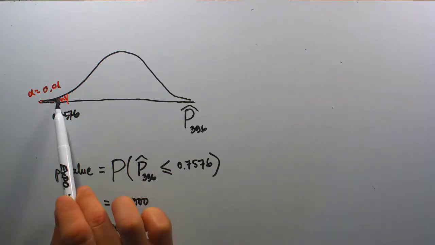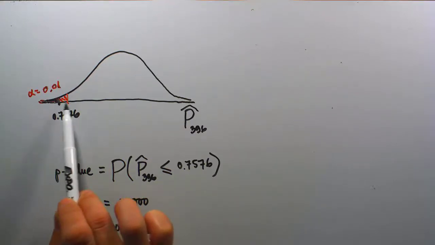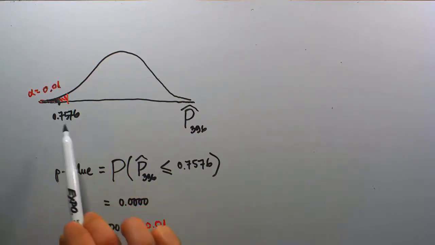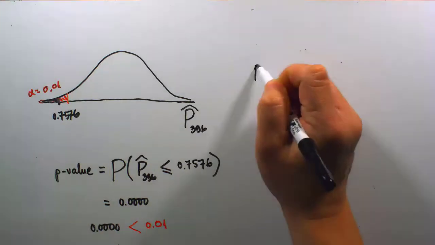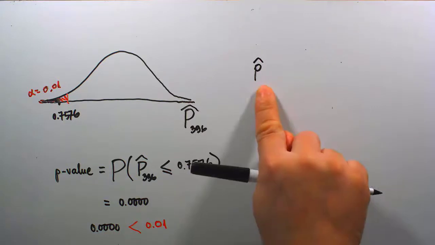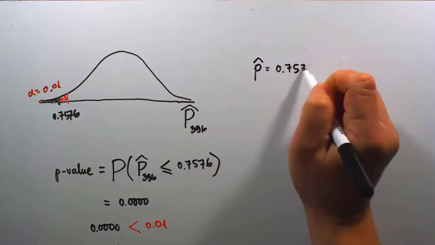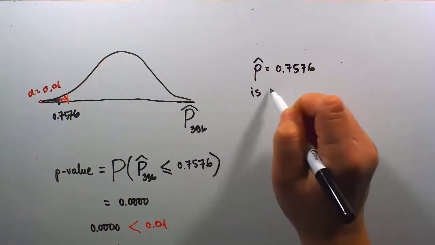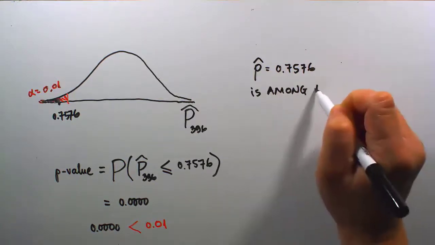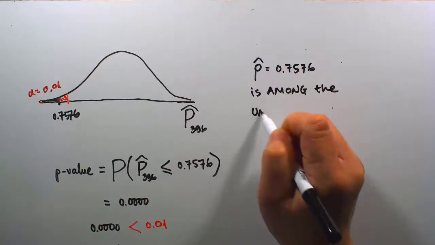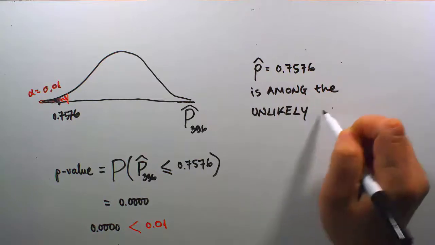With the black shaded area completely contained inside the red shaded area, the significance level, that obviously proves that our sample proportion value, 0.7576, is clearly among the unlikely values.